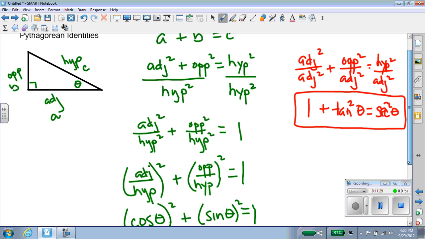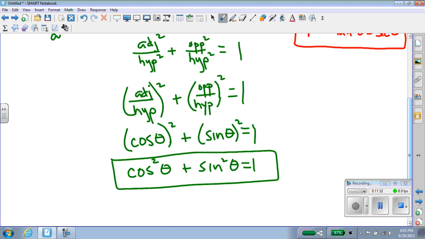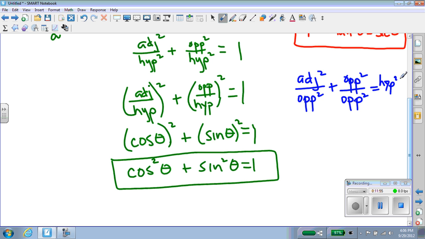And let's complete our little what if by dividing both sides by opposite squared. So we'd get adjacent squared divided by opposite squared plus opposite squared divided by opposite squared equals hypotenuse squared divided by opposite squared.